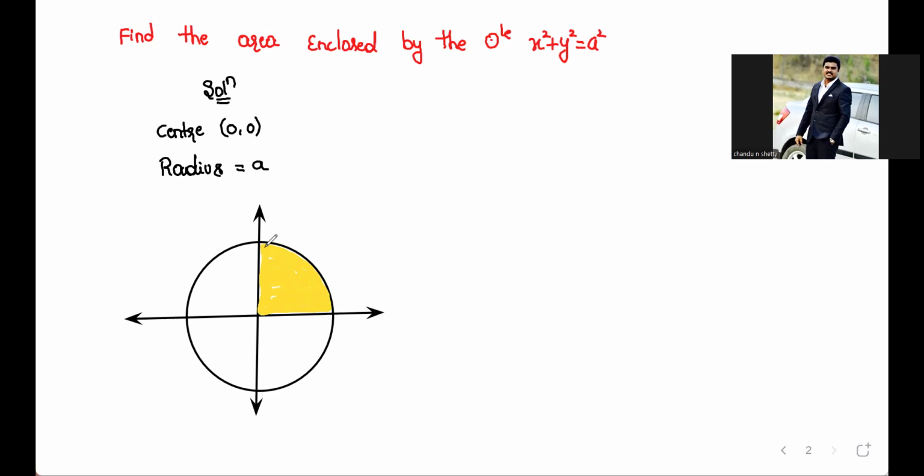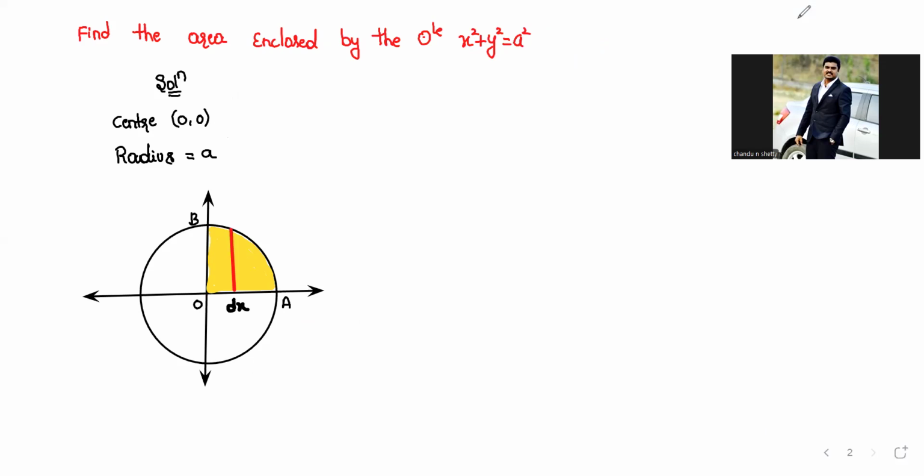And this problem we are solving with respect to x, so I'm taking here with respect to dx. Now we name this circle AOB, and we have to find the area of this whole circle.